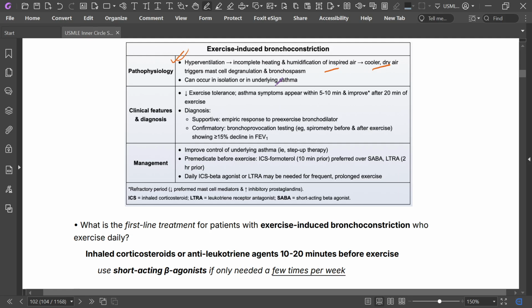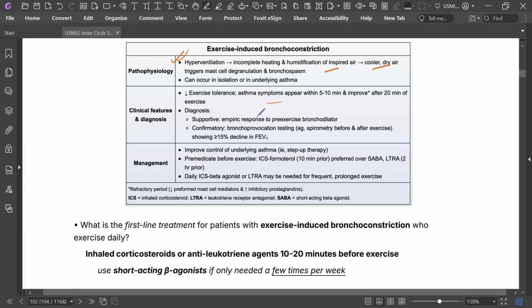Clinical feature: decreased exercise tolerance. Asthma symptoms appear within 5 to 10 minutes and improve after about 20 minutes of exercise.